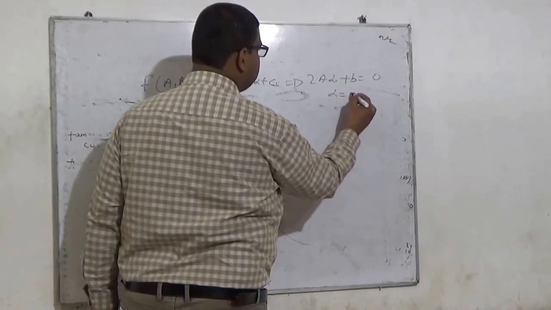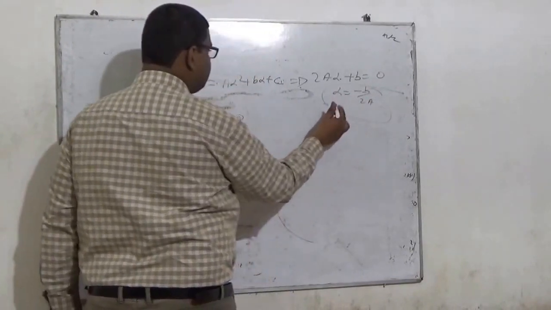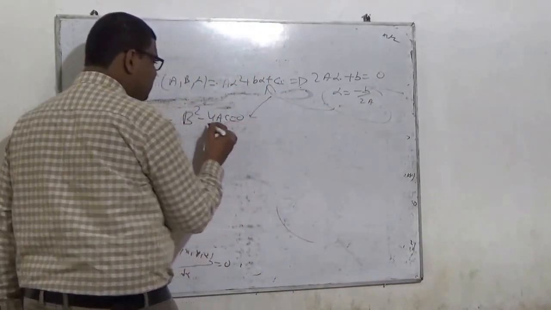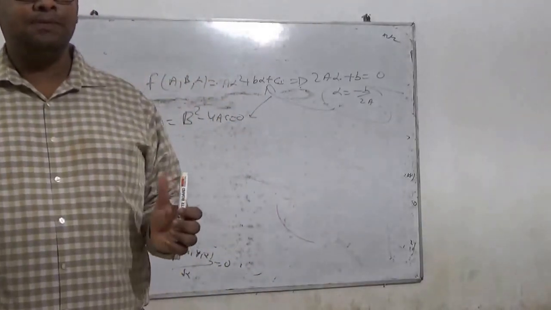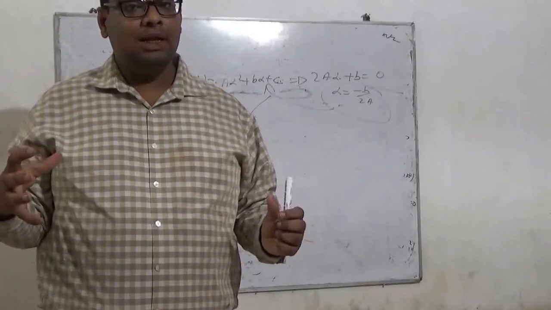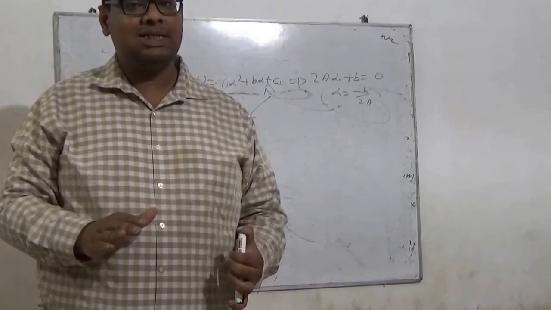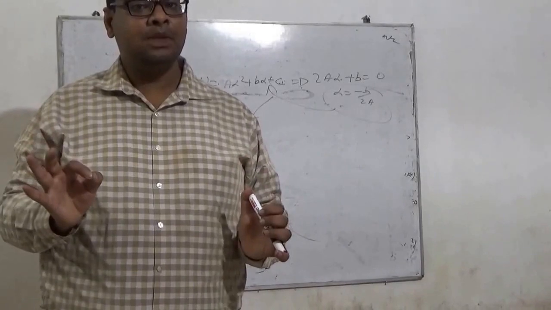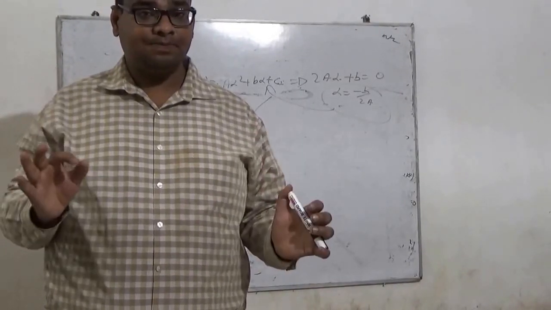Then alpha equals minus b upon 2a. If I put alpha equal to minus b upon 2a in the equation, I will get b square minus 4ac equal to 0. So if a quadratic polynomial in which alpha is the parameter is given in the problem, then b square minus 4ac, the discriminant, will represent the equation of the envelope.